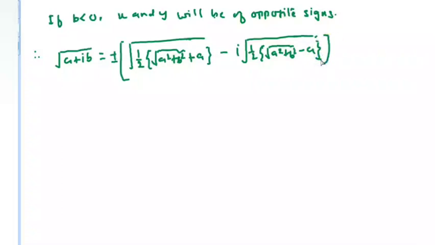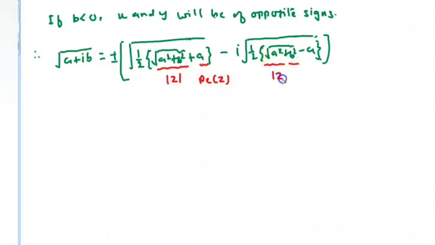Now we can summarize this. We know that the square root of a square plus b square is actually the modulus of z, if z is equal to a plus ib is the complex number and a represents the real part of z.